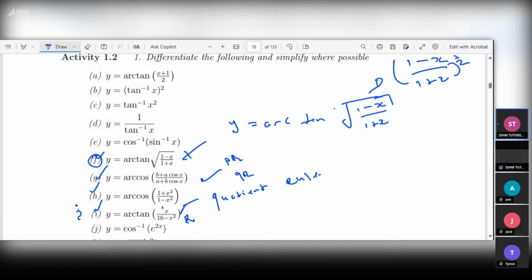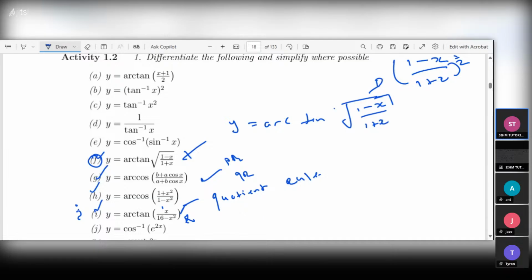You should also understand something: remember, this is your f of x. That's the only thing you should do first before you approach this question. I hope we are all clear.